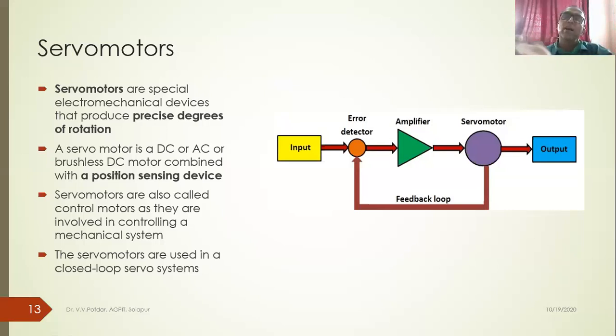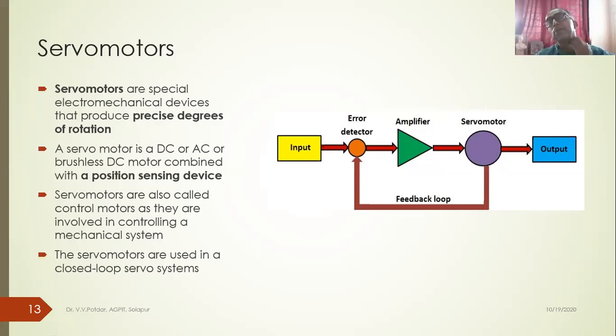There the indexing of that radar table has to be very precise, maybe to the tune of certain minutes and seconds of angle, so degrees, minutes, and seconds. To that accuracy I want positional accuracy for correct positioning of my radar antenna, whatever you call it. So there I make use of servo motors.